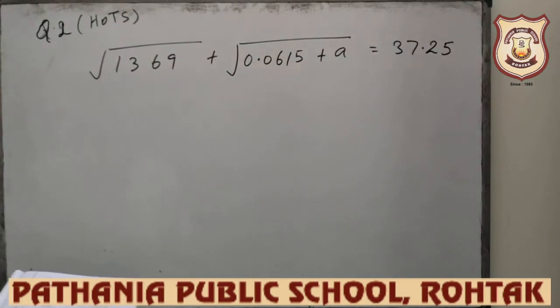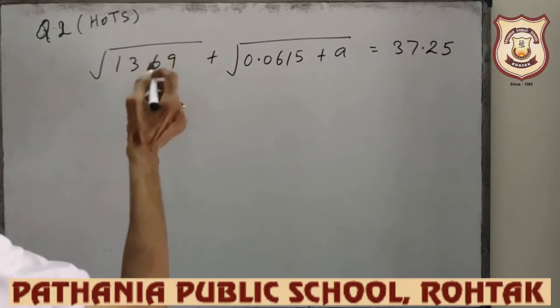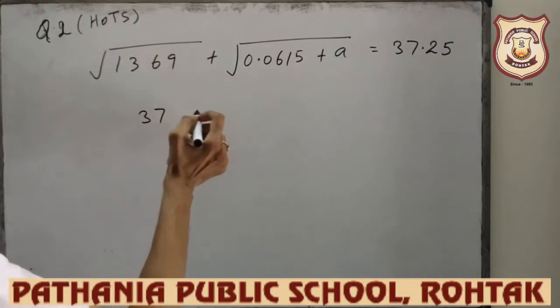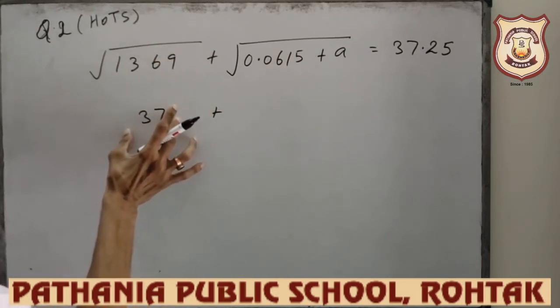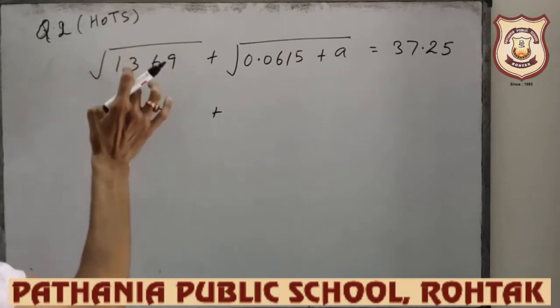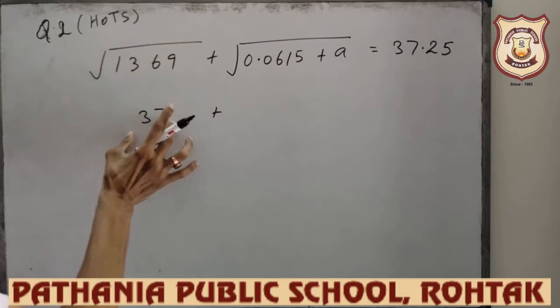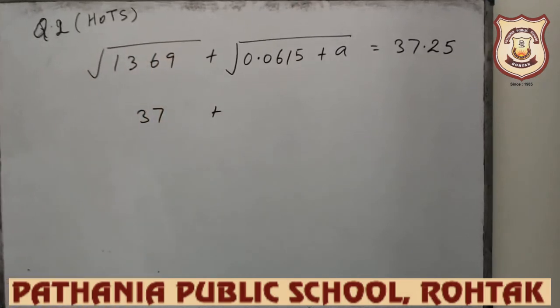So the square root of 1369 is 37. You can solve it by using the long division method also, or you can use any of the methods. By long division, 3 3s are 9, one pair is down. By using that method, we can write the square root of this is 37.